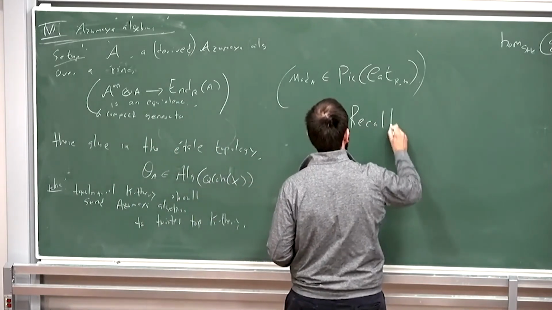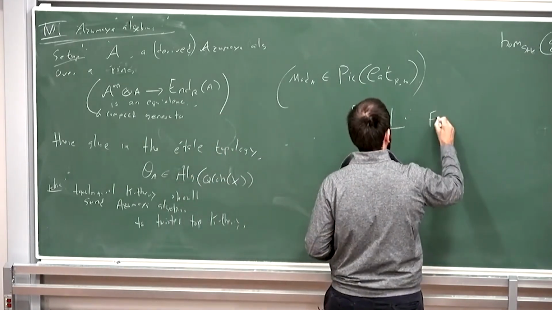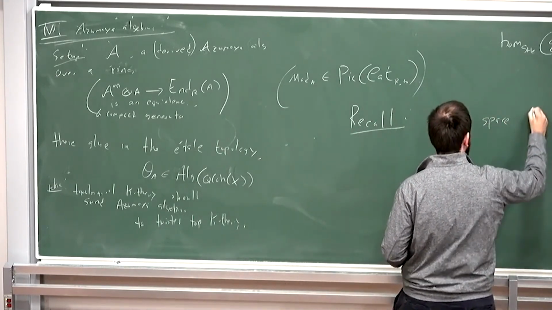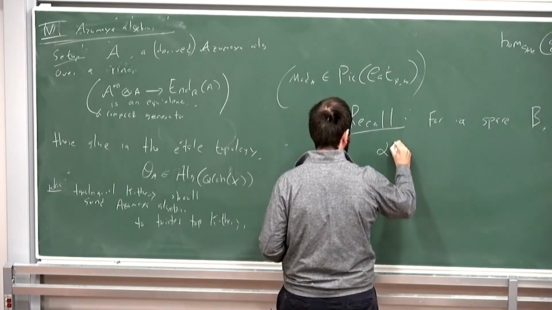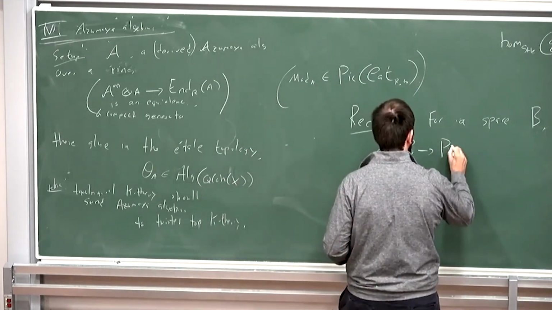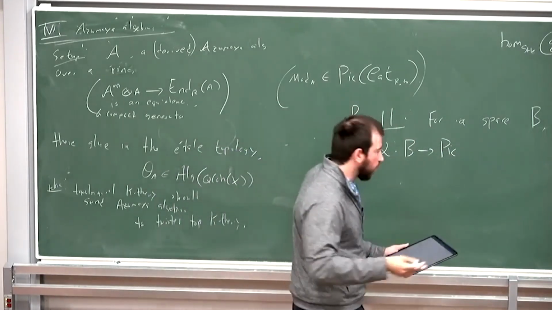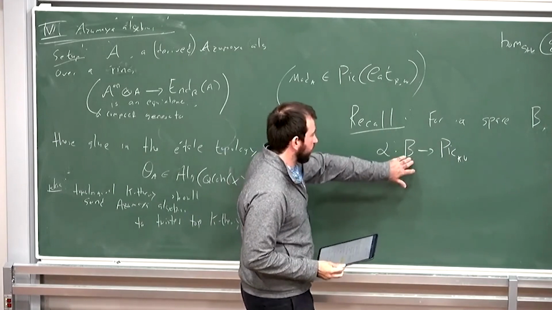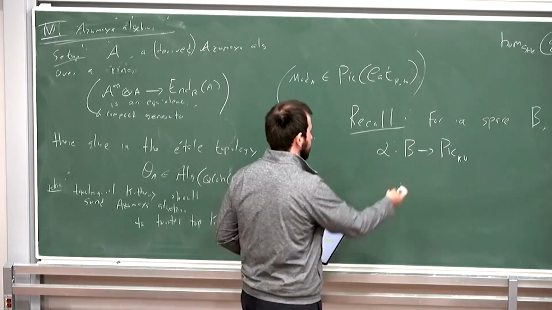What is twisted K-theory? I will just give a very gentle recollection. For a space or an infinity groupoid B, we start off with a map from B to the Picard space of KU. Now I'm only working with KU, so we'll talk about twisted KU cohomology. These are both spaces, but technically we want to view them as infinity groupoids.